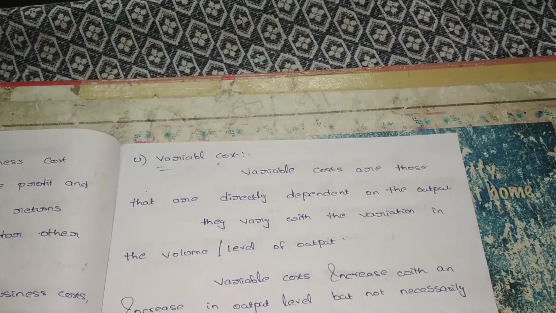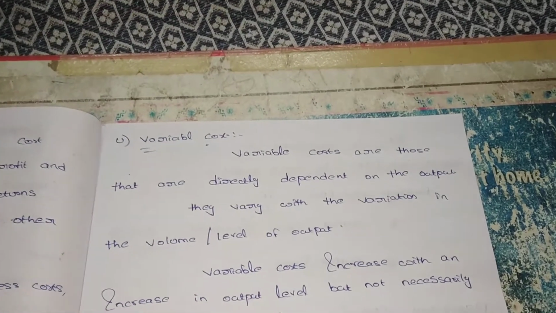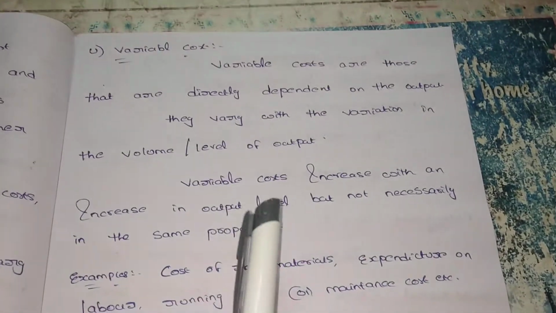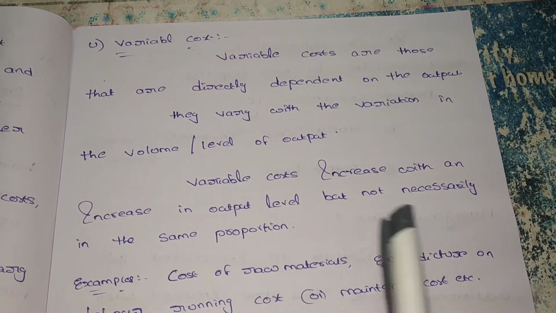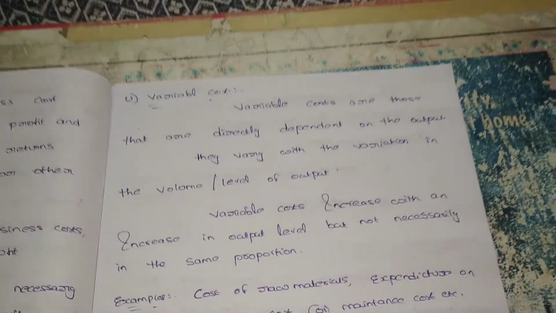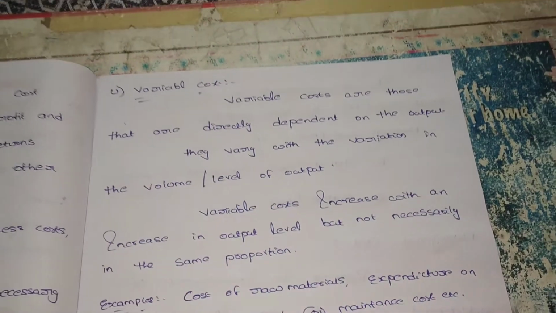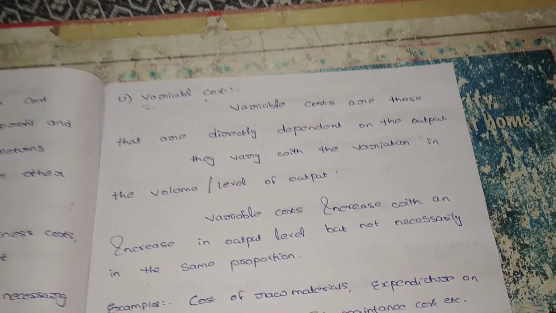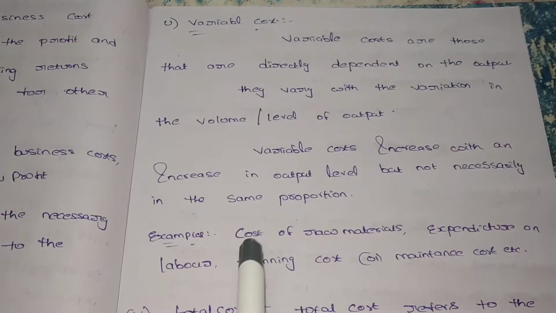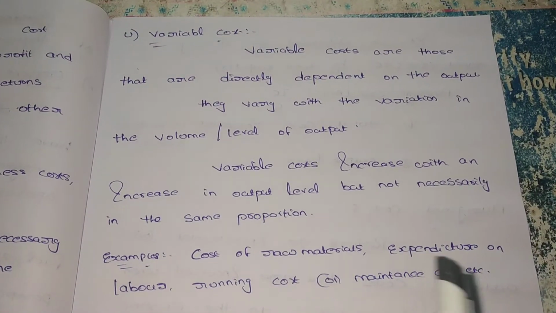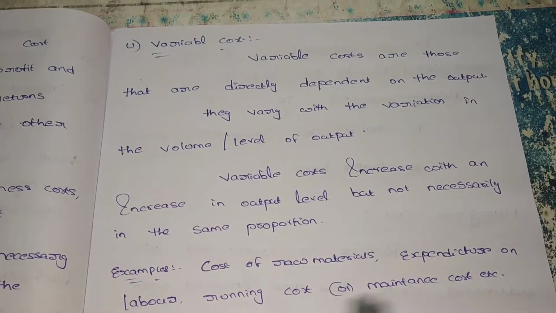Fixed cost doesn't vary, but the variable cost varies based on the output level. Variable cost increases with an increase in output level, but not necessarily in the same proportion. Suppose there is one increase in input, there is not the same increase in output. It's not in the same proportion, but they vary. Examples: cost of raw materials, expenditure on labor, running cost or maintenance, etc.